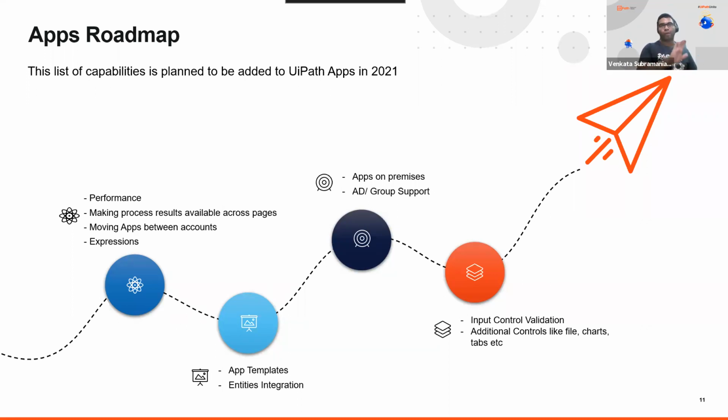So though you would get the UI and all the information, the actual bindings with the process have to be rewired once again because it's going to connect to a different Orchestrator. So that is something we're working on, how to make it more seamless for end users to move an app from one cloud account to another cloud account.